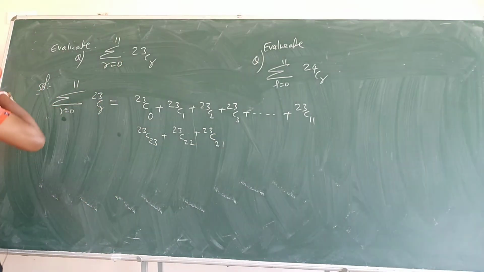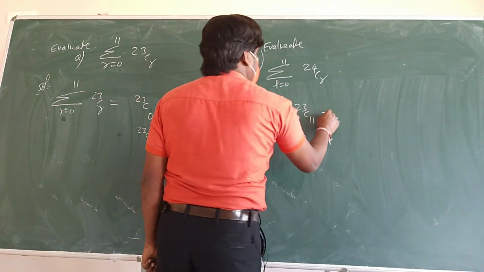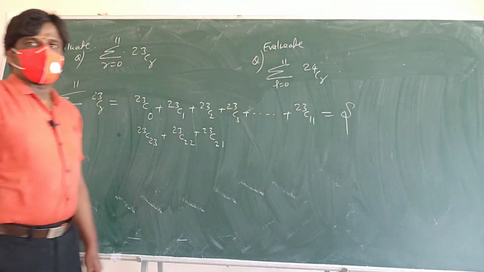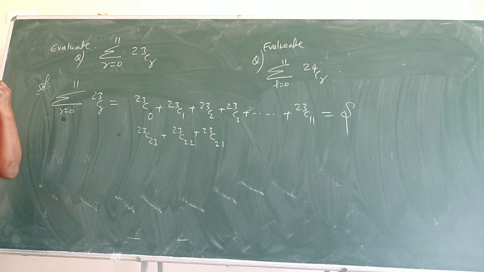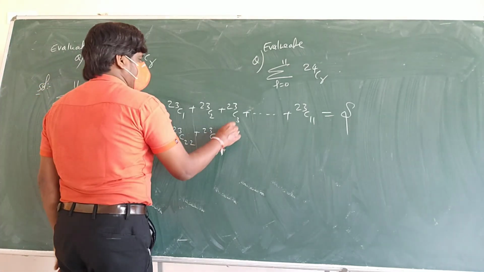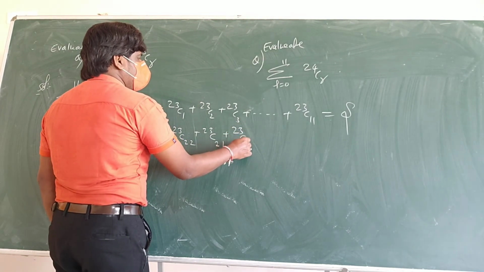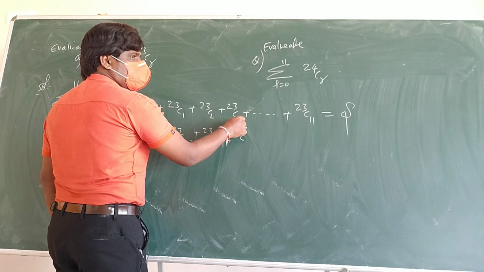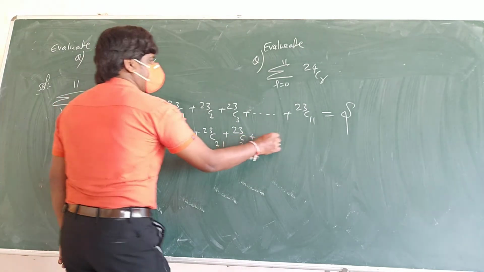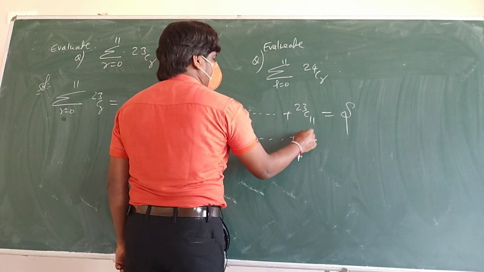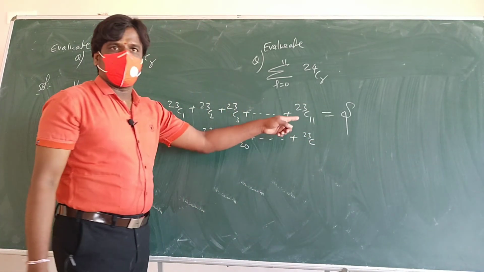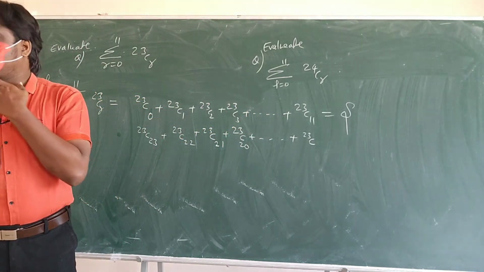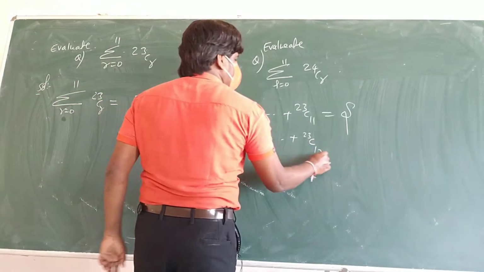Let us consider this as S, and I am writing this one as 23 C21, next 23 C20. Likewise, finally I get 23 C12, which is equal to S.